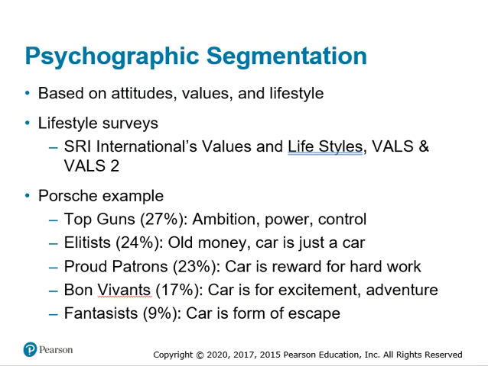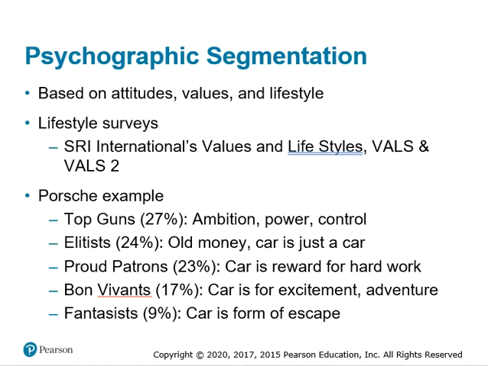What's important to understand is that you market and message differently to these various categories. Fantasists at 9%, who use Porsche as a form of escape, might not be the low-hanging fruit of your target market. However, Top Guns, those ladies and gentlemen who want to have control and kind of own the road and the car, that's a large group, and it's a great way to market.